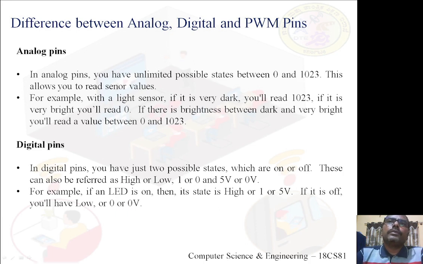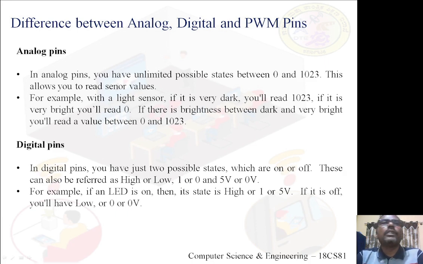Digital pins, as the name says, digital, it's binary. There are only two states. They are either on or off, high or low, 0 or 1, 5 volts or 0 volts. Got it? For example, if an LED is on, then the state is high, or 1, or 5 volts.